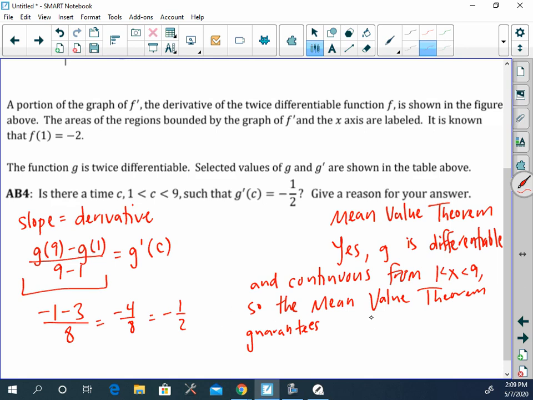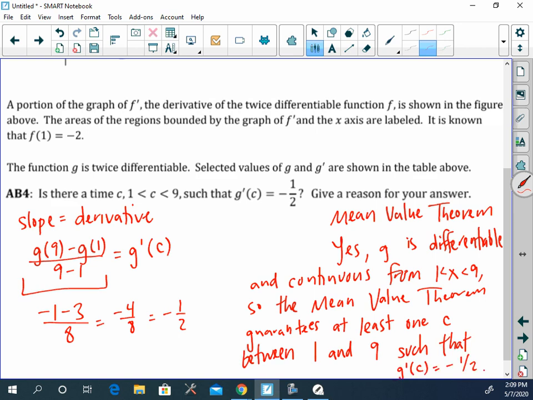So mean value theorem guarantees at least one C between 1 and 9 such that the derivative equals that -1/2. Such that G prime of C equals -1/2. There we go. So that would be a very complete answer for that one.